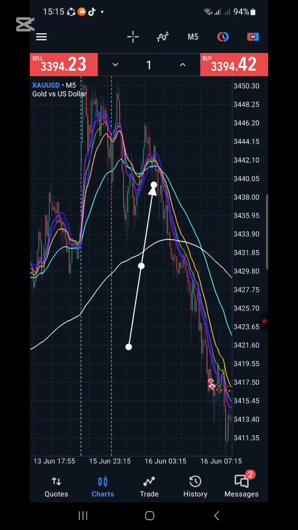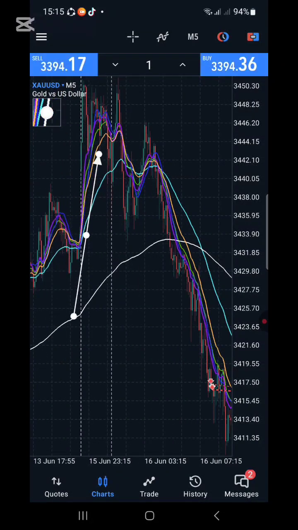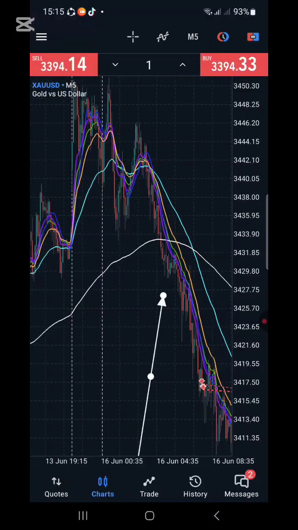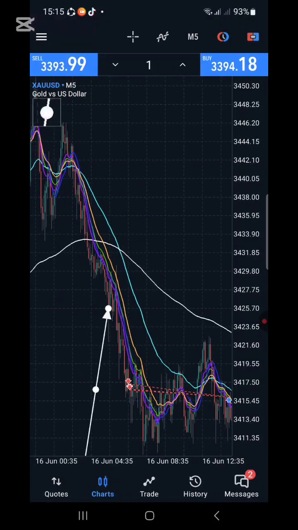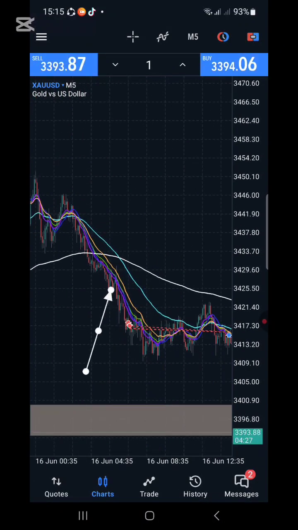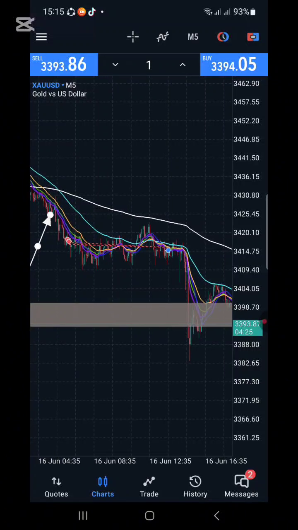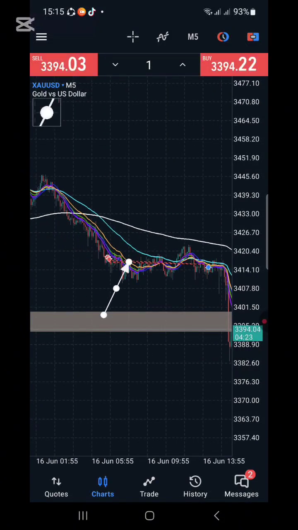Look here, when the price was making noise, there's no such cross that you are seeing here, but when you see this cross, it signifies that the noise is over. We are now moving down. So this is an accurate trading strategy.